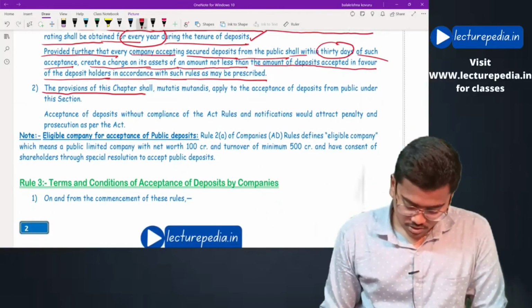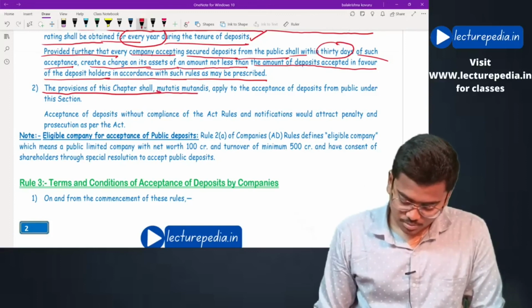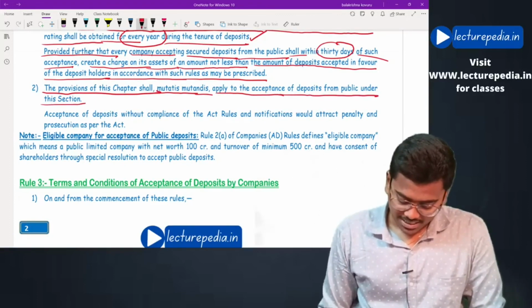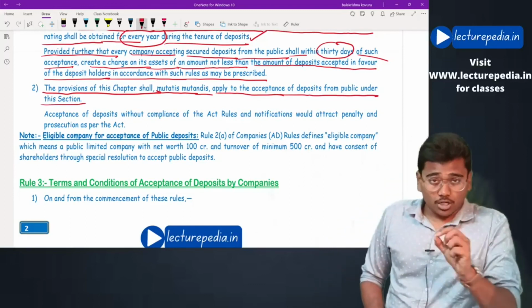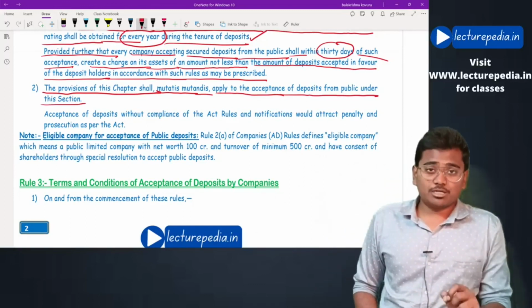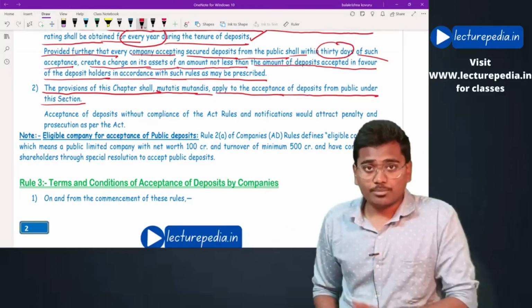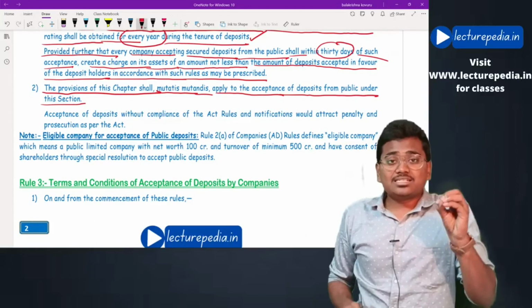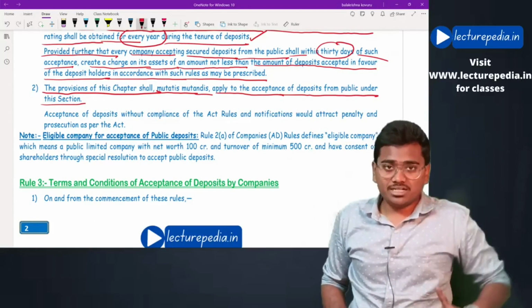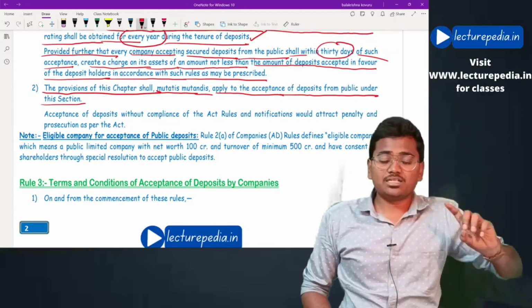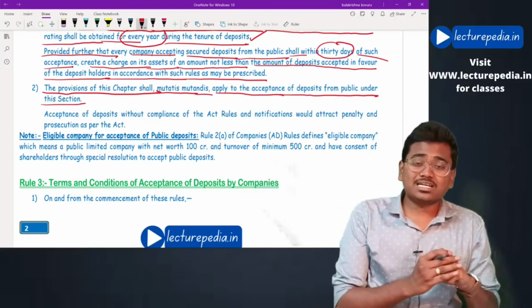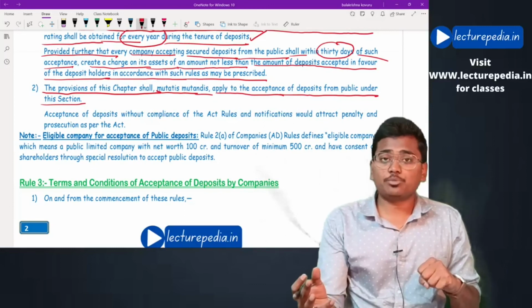The provisions of this chapter shall mutatis mutandis apply to the acceptance of deposits from the public under this section. Okay, not only section number 76 is applicable to raising deposits from the public, even section number 73 is also applicable. In section number 73, the conditions prescribed were those required for raising deposits from members.